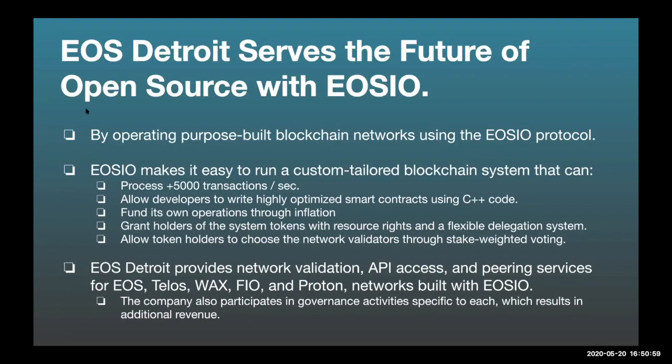And EOSIO has a lot of really great features. I personally think it's the best blockchain tech on the market, but I may be a little biased. It allows you to use C++ code to write your smart contracts. They're highly optimized. It can process thousands of transactions per second, and that's always increasing because we've got Block.one building the protocol and continuing to improve it.